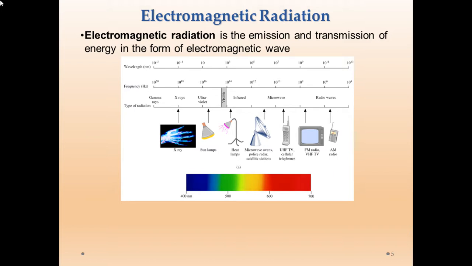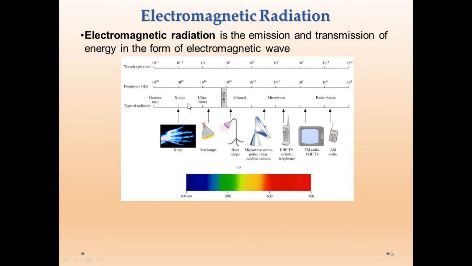For information, this is the electromagnetic radiation. We have different wavelengths, as you can see here. Different wavelengths correspond to different frequencies, which can be calculated as shown on the previous slide. Each region of the wave has different properties and different functions.